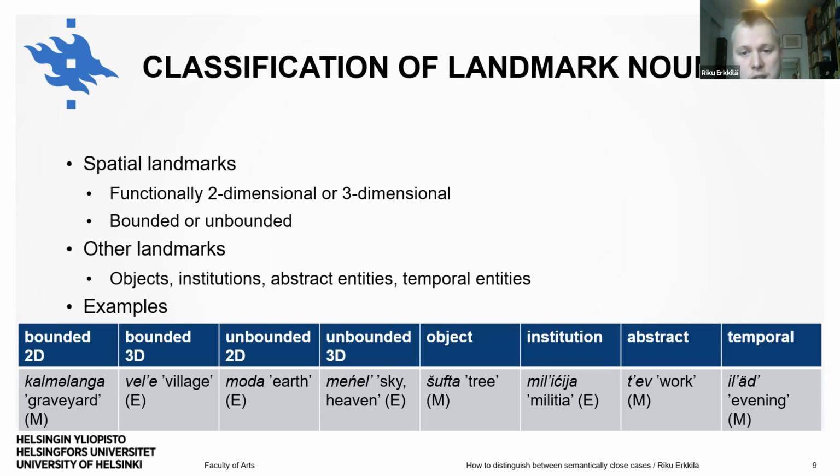And then there are objects, institutions, abstract things, and temporal entities. And these are not differentiated, because it's not meaningful to think if an abstract noun is bounded or unbounded, or an institution is bounded or unbounded. It doesn't really make sense.